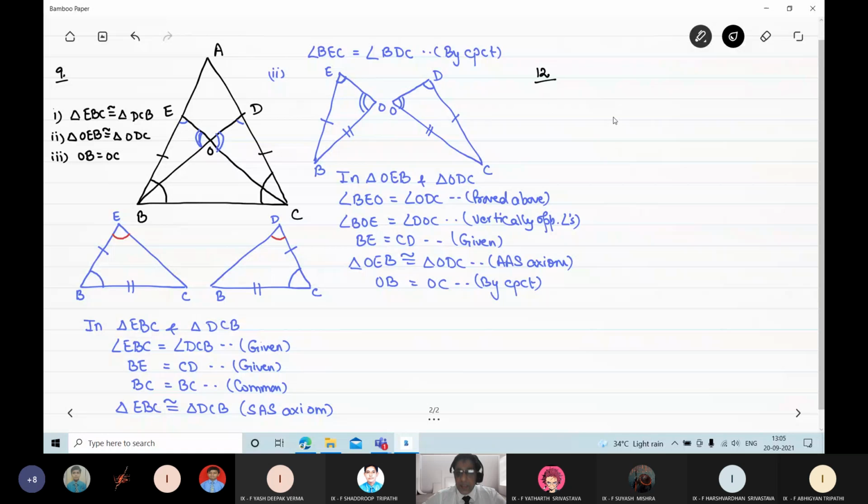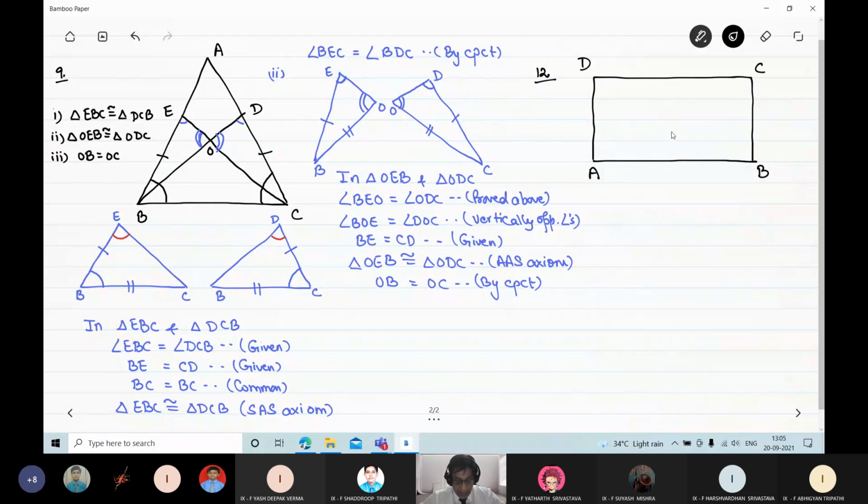Question 12 says ABCD is a rectangle. So I'm drawing the rectangle because the figure is not given to us here. Let's label it as A, B, C, and D. X and Y are points on side AD and BC respectively, such that AY is equal to BX.